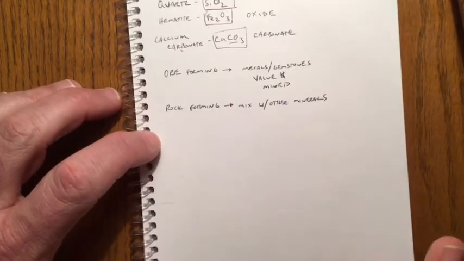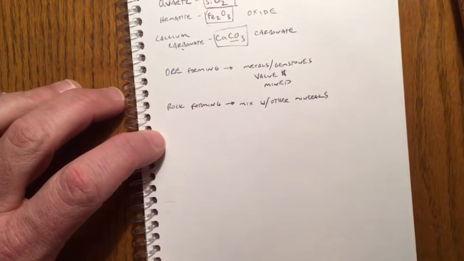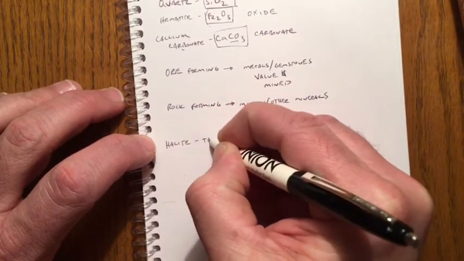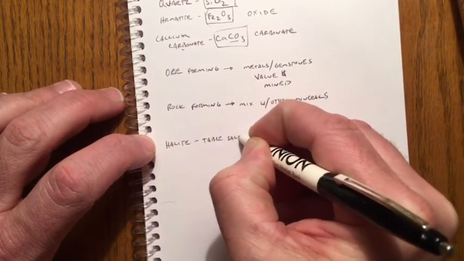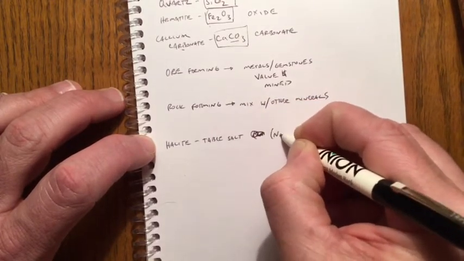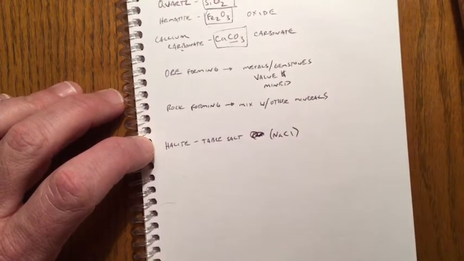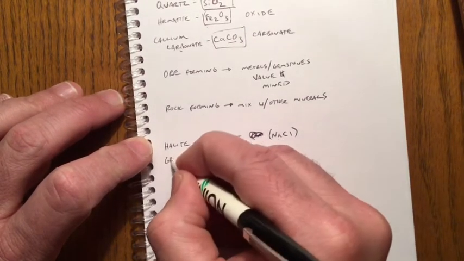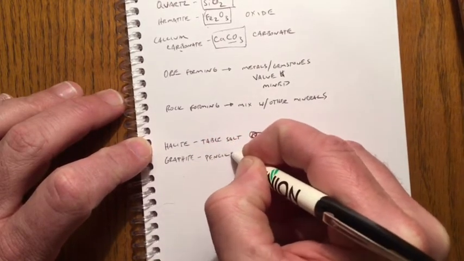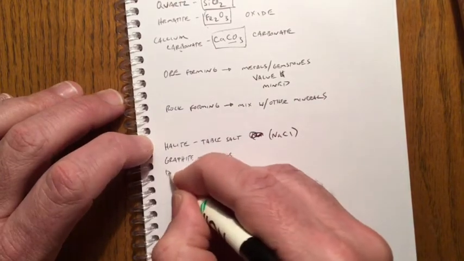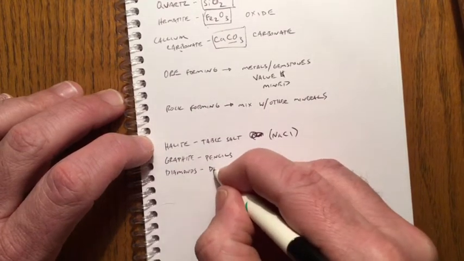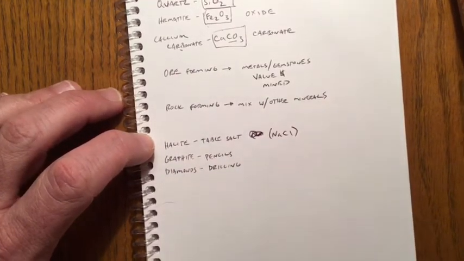So a few minerals and their uses include halite, that is table salt. The chemical formula for that is NaCl, sodium and chloride. Graphite, which is used as pencil lead, diamonds, which are the hardest mineral, and they're used for drilling sometimes.